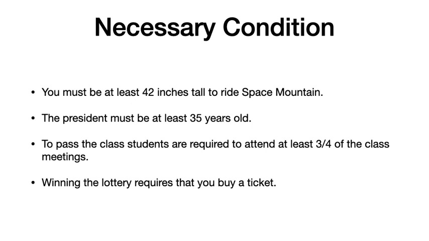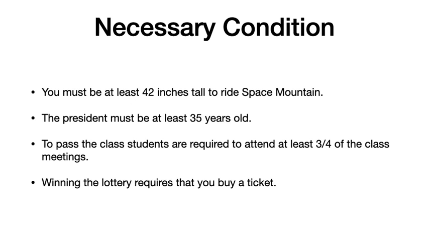If I say you must be at least 42 inches tall to ride Space Mountain, which is a ride in Disney World, that doesn't mean that everybody who's that tall, which I think is 3 feet 6 inches, could ride Space Mountain. If you don't buy a ticket to Disney World, if you're nowhere near Disney World, you can't ride Space Mountain.